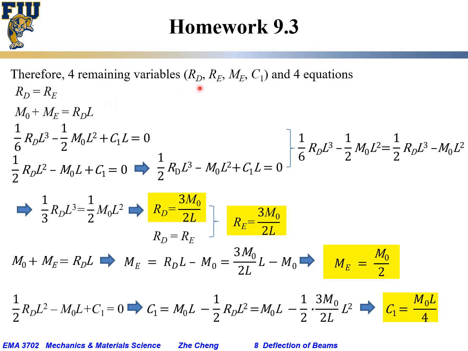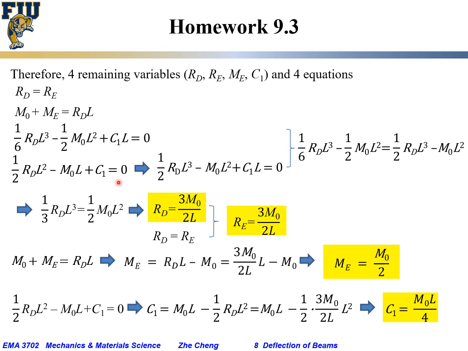We know from statics Rd equals Re, and M0 plus Me equals Rd L. The third one is 1 over 6 Rd L cubed minus half of M0 L squared plus C1 L equals 0. And lastly, half of Rd L squared minus M0 L plus C1 equals 0.